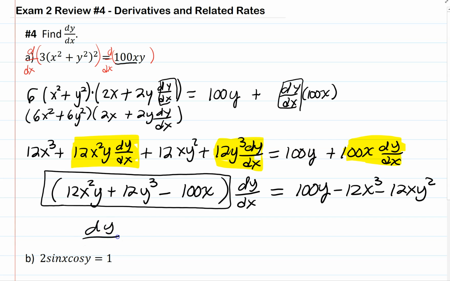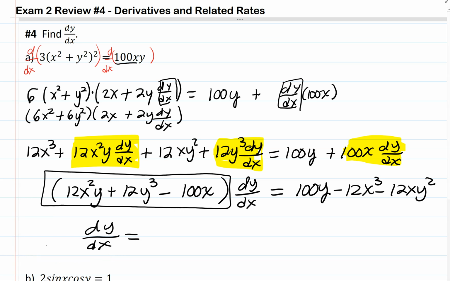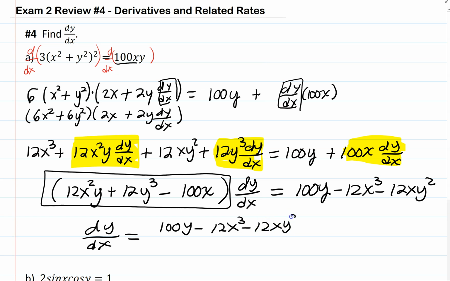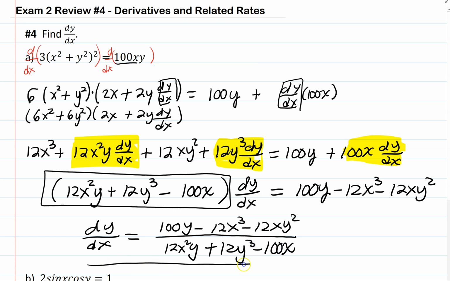So to answer the question, dy dx is equal to 100y minus 12x to the third minus 12xy squared, all divided by 12x squared y plus 12y to the third minus 100x. And that is our final answer. And that's the concept of implicit differentiation.